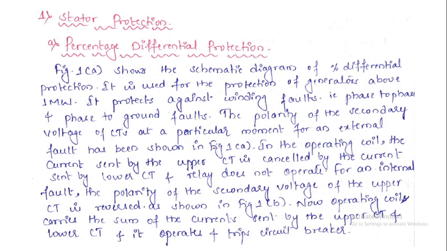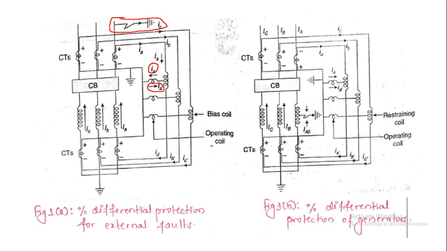The current sent by the upper CT is cancelled by the current sent by the lower CT, and the relay does not operate, since both of them are opposite and of equal magnitude. So there is no difference between the two currents, they cancel each other, and hence no current flows through the operating coil of the relay.